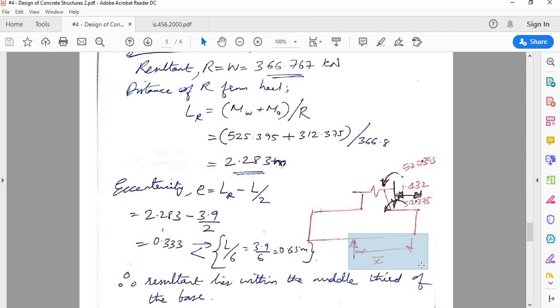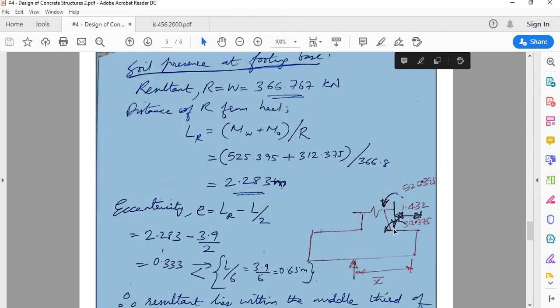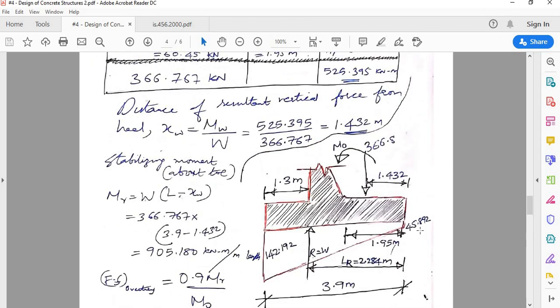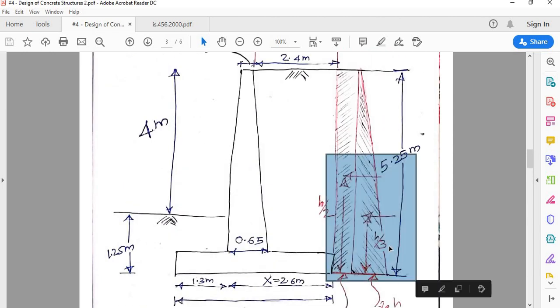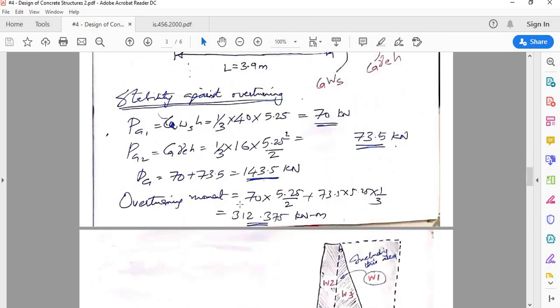Now we have to find the location of the resultant. To find the location of the resultant, we will use equilibrium equations. Let us take the moment of all forces about any point, say about the heel portion. First you have the vertical reaction, which is the same as this, and then the moments caused by this vertical reaction, as well as active earth pressure and surcharge. The moment caused by active earth pressure and surcharge we had already calculated here.